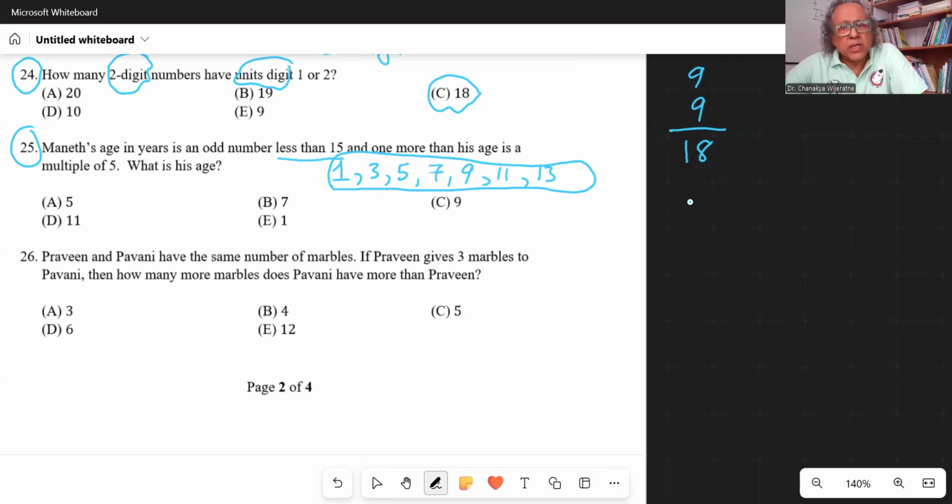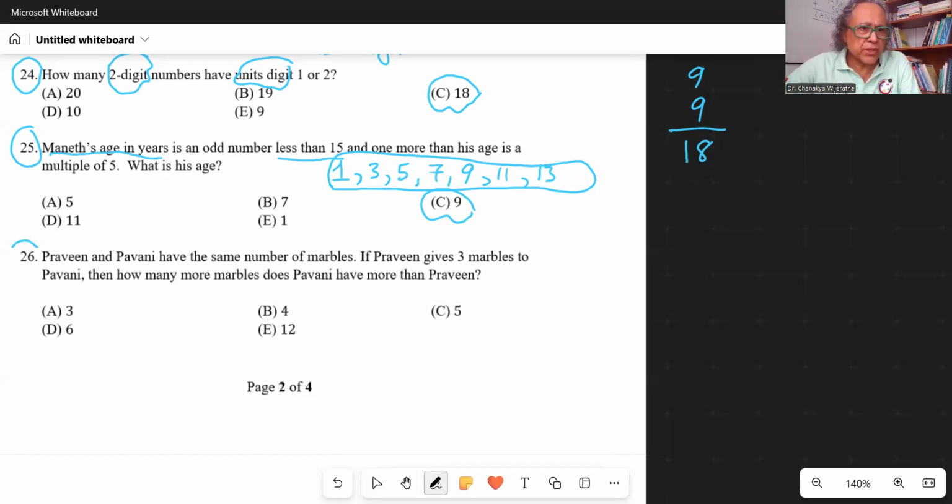You can see that only 9 satisfies that condition. When you add 1 to 9, it is 10, a multiple of 5. Others are not. So 9 must be his age in years.